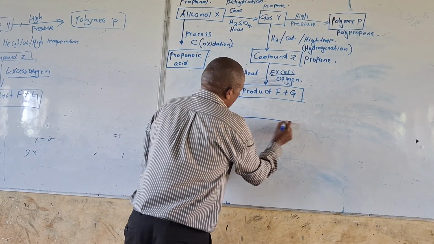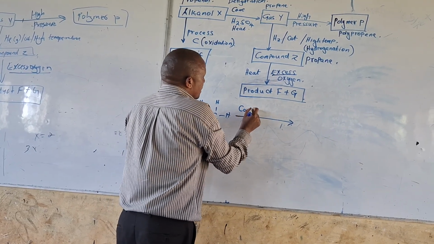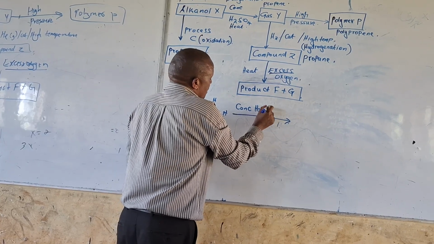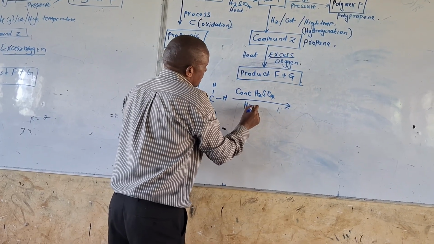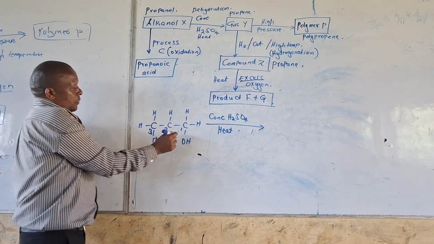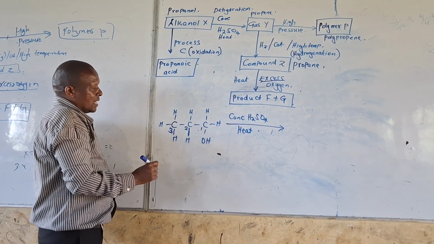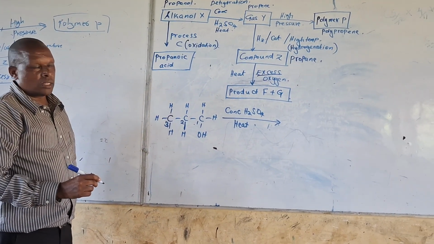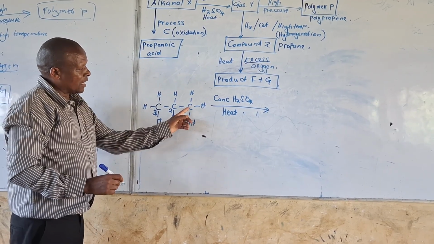Now, in the middle here, we have concentrated sulfuric acid and heat. During dehydration, what happens? When you see a single covalent bond like this, it means 2 electrons, one from carbon and another from hydrogen. The same thing applies to this.